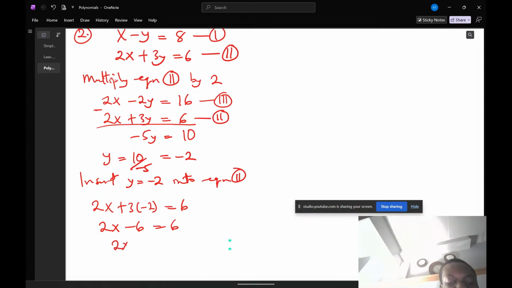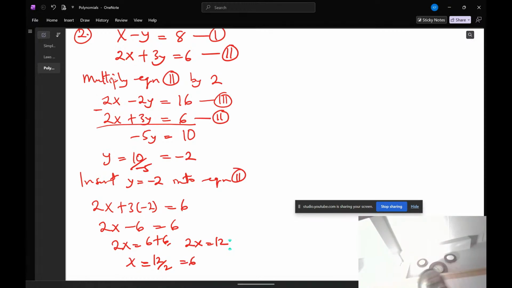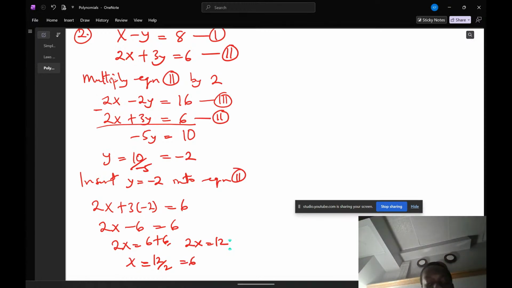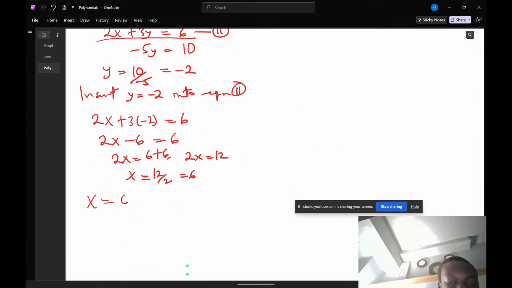So 2x is equal to 6 plus 6, that's 2x is equal to 12. x is equal to 12 divided by 2, that will give us 6. So now we have x is equal to 6 and y is equal to minus 2.